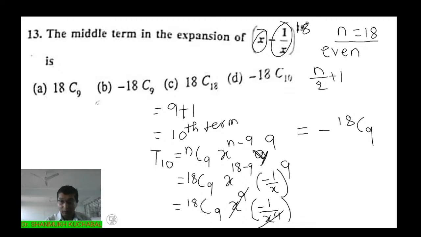Therefore the right option is minus 18C9. Option B is the right answer. Okay, like this, depending on even and odd, we need to simplify. Remember, if n is odd, we get two middle terms. If it is even, we have only one middle term here.